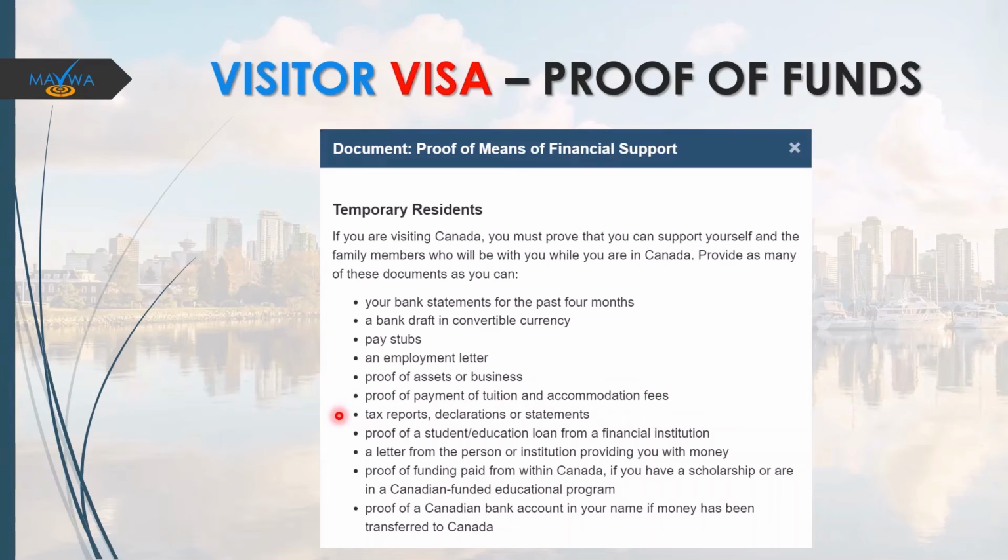Tax reports, declaration or statements. This is, for example, if you don't have very steady income and the amount in your bank account varies monthly, you can show your tax report for the annual amount. You can also show a letter from the person or institution providing you with money. This is very useful for people who have family or relatives in Canada who can write an invitation letter.